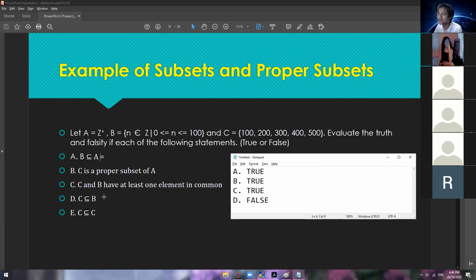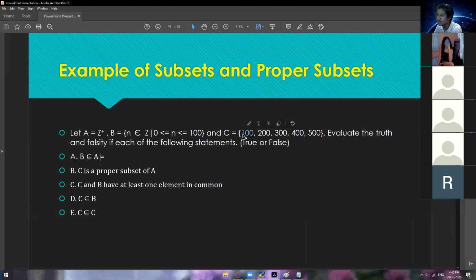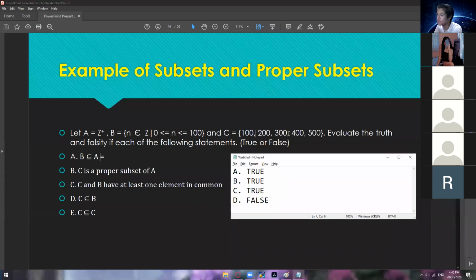So if you take a look at this one, the range of B is only 0 to 100, and what we have for C is only 100. We cannot find 200, 300, 400, or 500 in set B. So this one is not a subset of set B. Okay? Again, if it's a subset, dapat lahat ng elements can be found on the superset. So letter D is false.